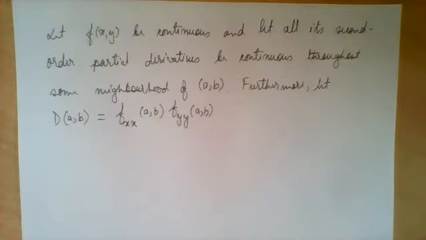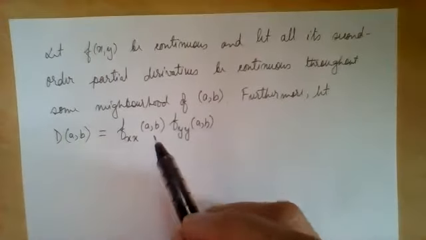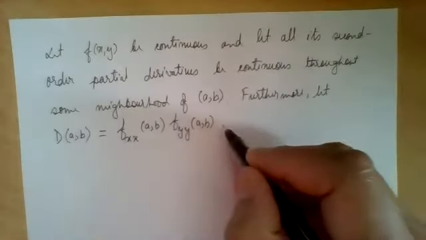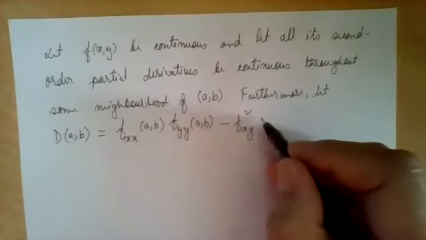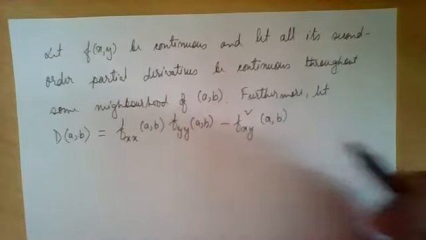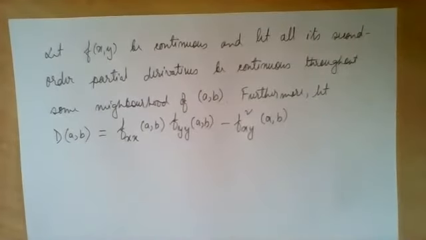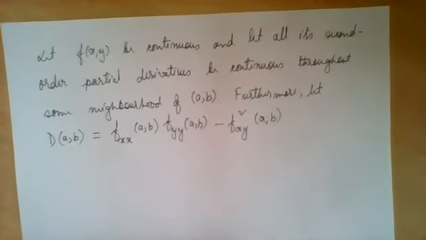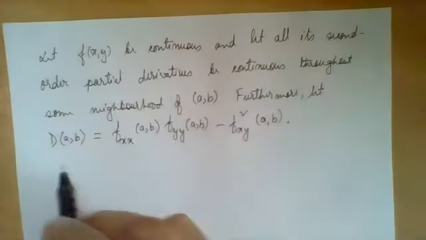So D(a, b) = fxx(a, b) times fyy(a, b) minus fxy squared at (a, b). Let D be defined as this.